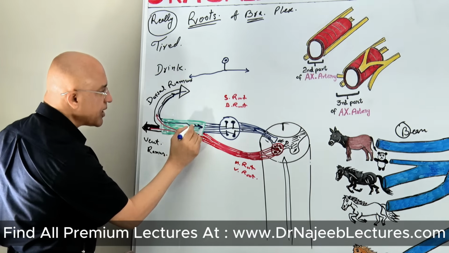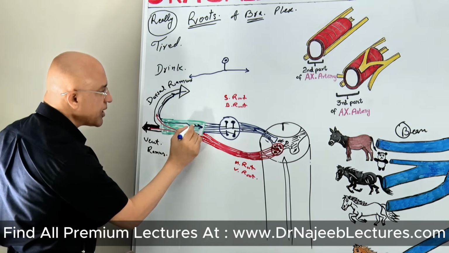Ventral root, which is also called motor root. This is dorsal root, which is also called sensory root. They unite together, right? And they make what? Spinal nerve. And this spinal nerve, with a little more extension, divides into dorsal ramus and ventral ramus.